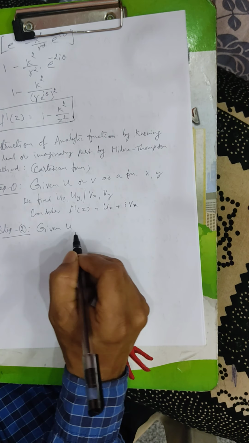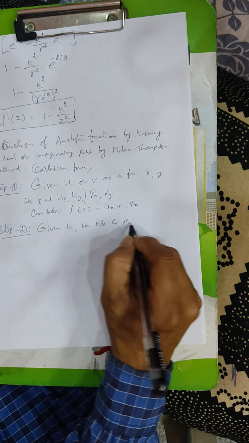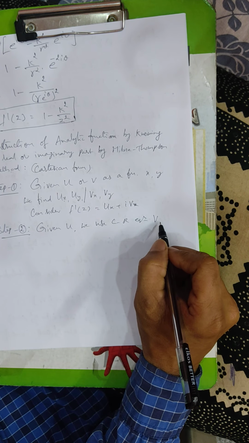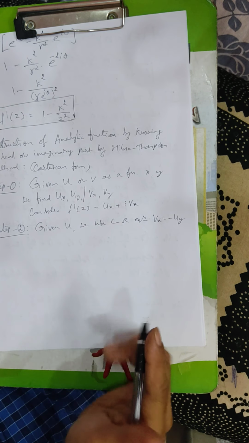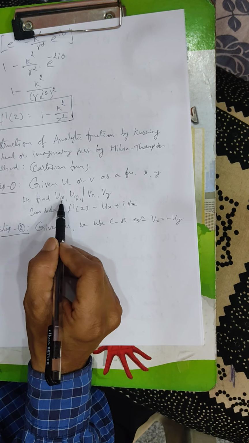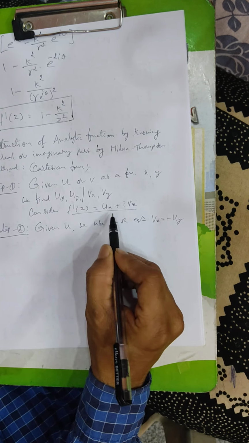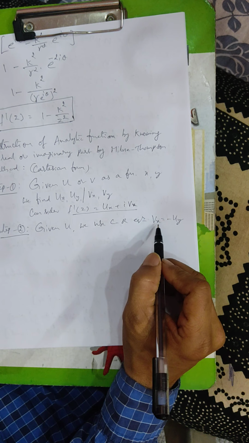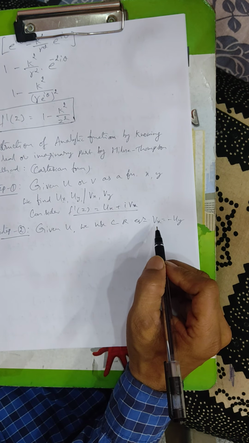Given u, we use the CR equation vx is equal to minus uy, because when the given function is u, we have the partial derivatives dou u by dou x, dou u by dou y only, but we have the result f dash of z is ux plus I vx here, so we need to write uy in terms of vx.